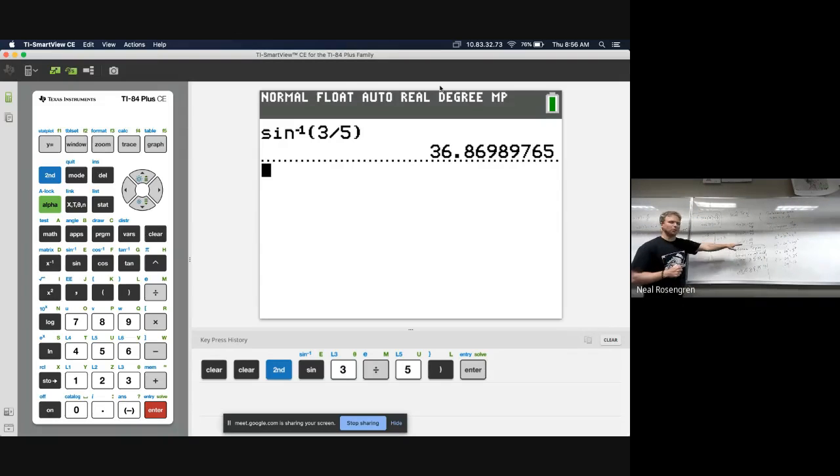You don't have to have those memorized, but it is nice to have them somewhere so that maybe you don't have to do the Pythagorean theorem every time if you're seeing a ratio like this and you need to figure out that last missing piece. Because now, cosine of theta is just adjacent over hypotenuse, that's 4/5. And I don't know what the angle is other than inverse sine of 3/5, or inverse cosine of 4/5, or inverse tangent, opposite over adjacent, of 3/4.